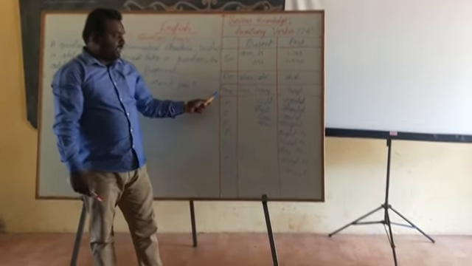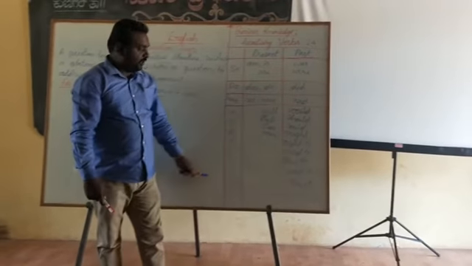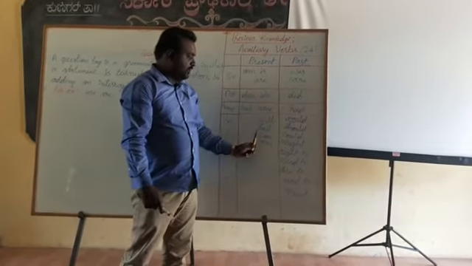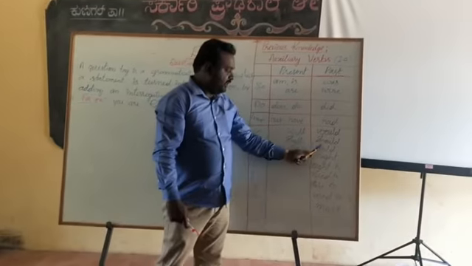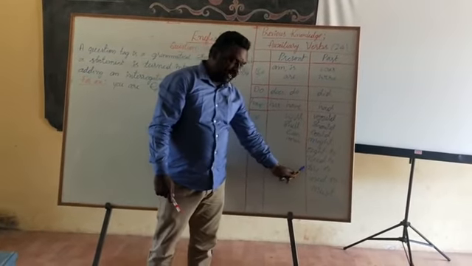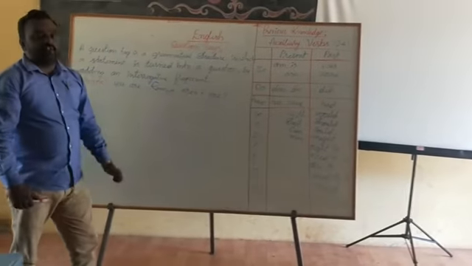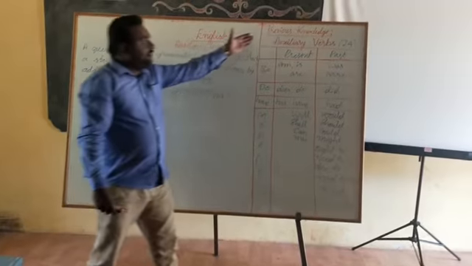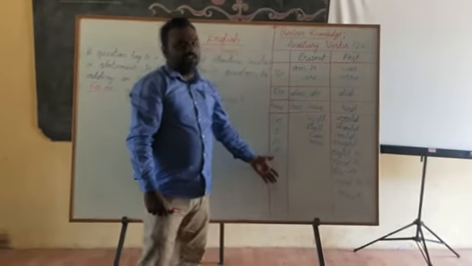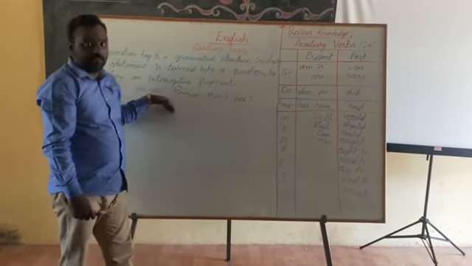The have form auxiliaries are has, have, had. And the modals are will, would, shall, should, can, could, may, might, ought to, need to, dare to, used to, must. If you have this previous knowledge, you can add a suitable question tag for a statement.